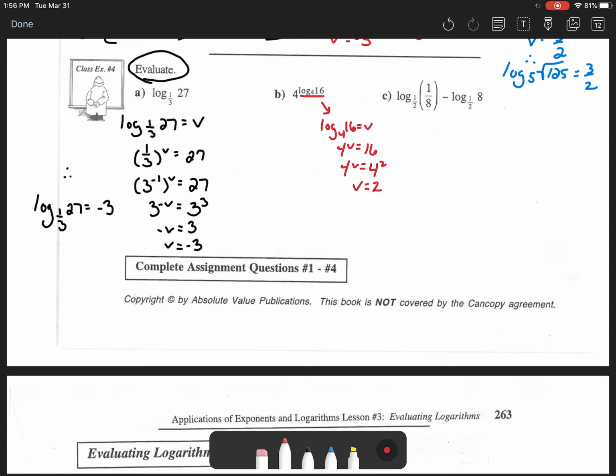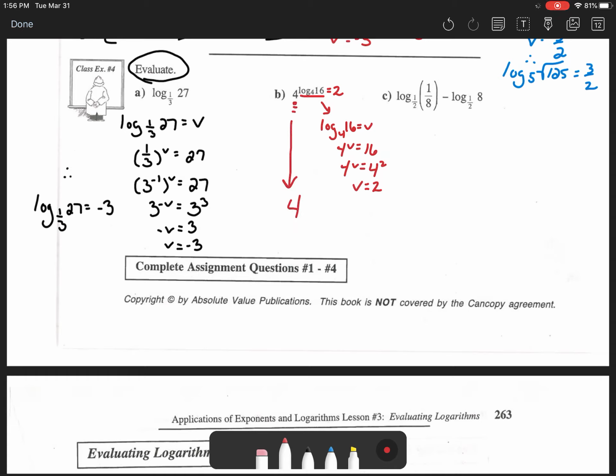So that log base 4 of 16, okay, this equals 2. Now, I still have this 4 here, okay? So it's going to be 4 to the exponent of 2, which is 16. Okay, and there's your final answer. So you now say, therefore, 4 to the exponent of log base 4 of 16 is equal to 16.